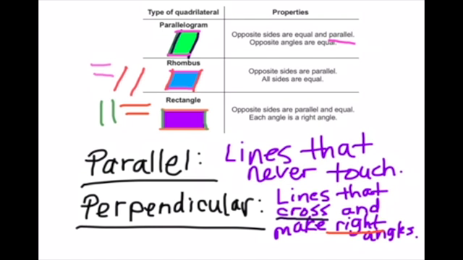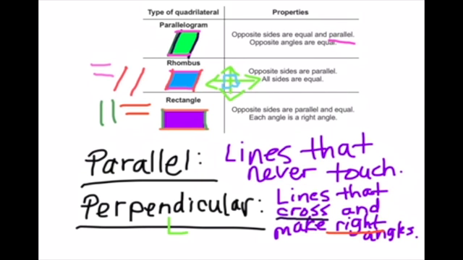So let's see where they would be. Right angle is that L shape, remember? So anything that would cross and make that right angle. So these would be perpendicular lines because we know that would be a right angle, this would be a right angle, right there and right there.